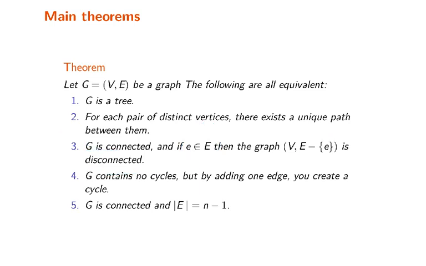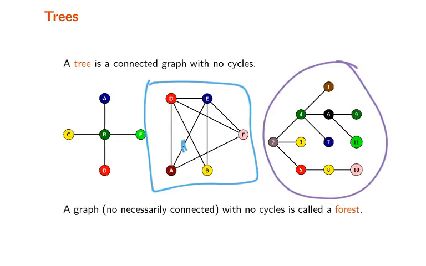And the other way around is if we add one edge. This condition says that if we add one edge anywhere in the tree, you create a cycle, meaning that it's not going to be a tree anymore. So, for instance, in this tree that we have here, anywhere that we add an edge, here you see the cycle created.